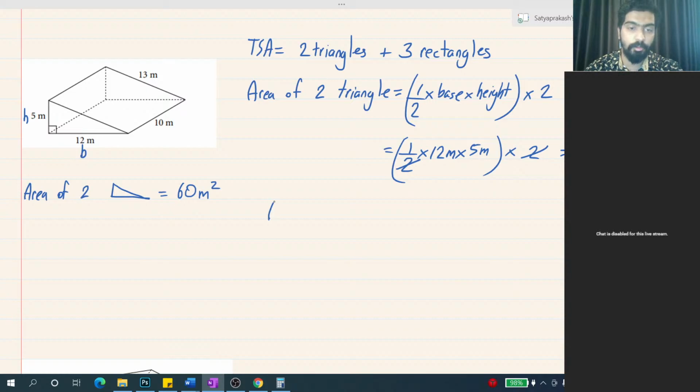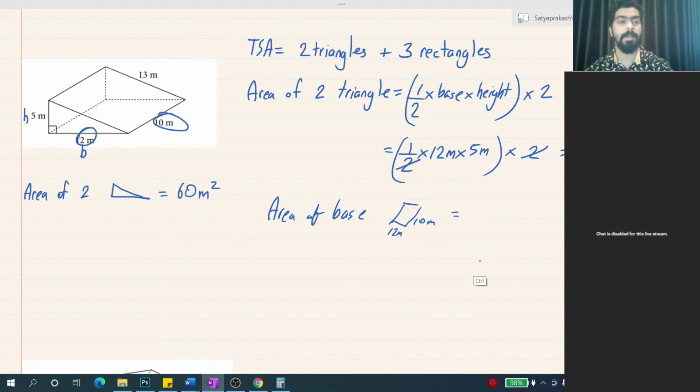So let us start off by finding the area of the base rectangle, which looks something like this, where the dimensions are 12 meter and 10 meter, right guys? 12 and 10, which are this and this, okay?